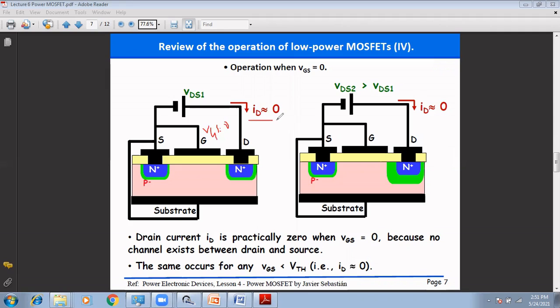So the current ID is again 0. Though we increase the voltage of VDS, the value of ID is still 0, because without the VGS voltage the ID value is 0, and for ID to flow there must be a VGS voltage that is above the threshold voltage.